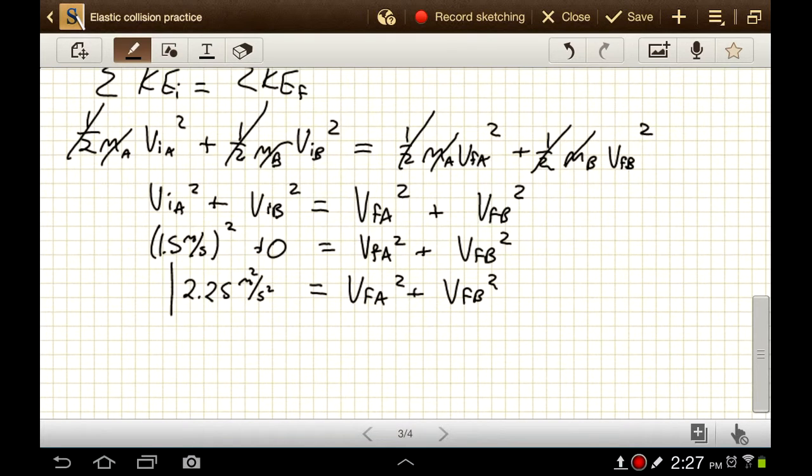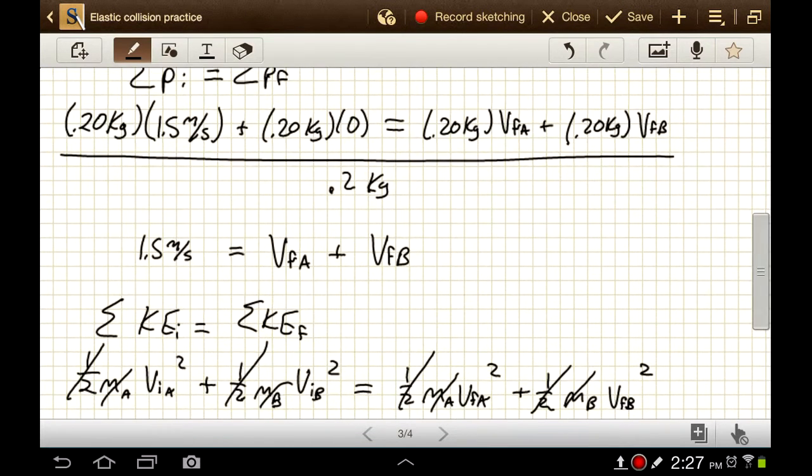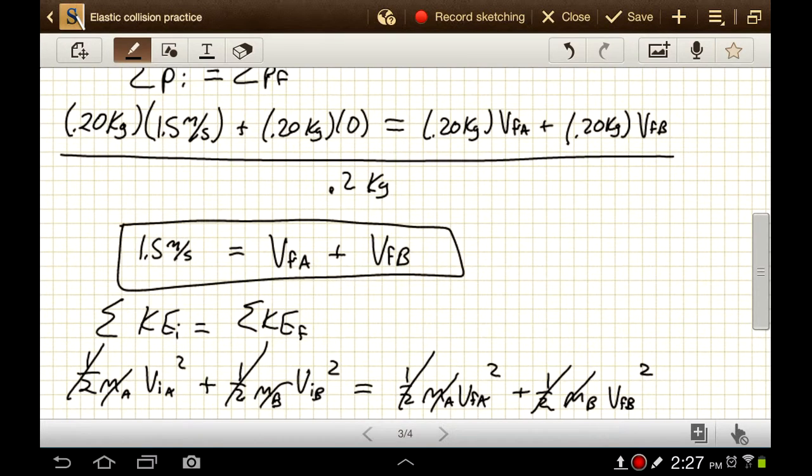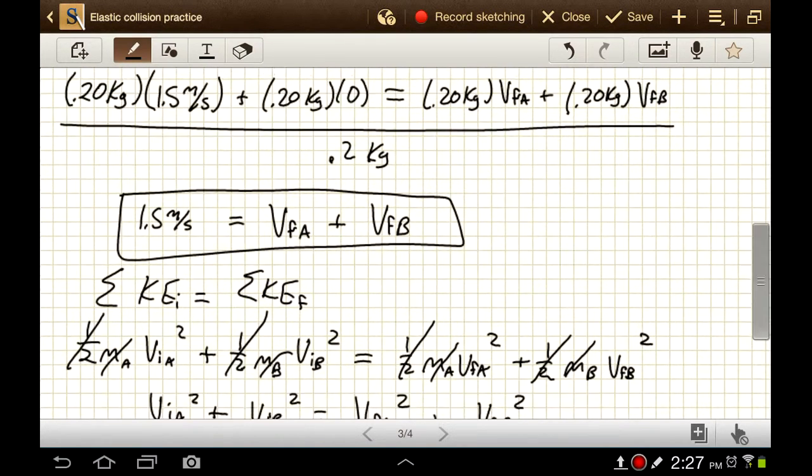Okay, so now I have two equations for my two unknown velocities that I'm trying to solve for. So let's do the same thing we did before. We'll graph these and we'll change everything to x's and y's.